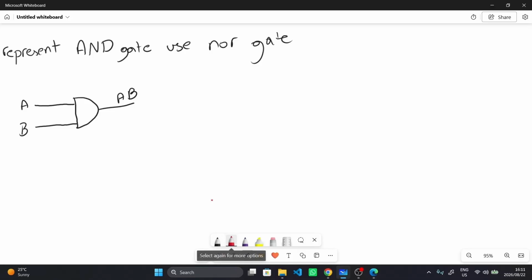So we need to convert this multiplication into addition.